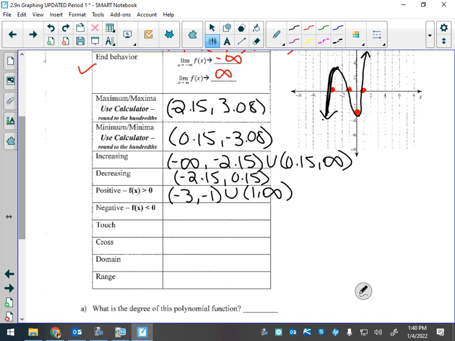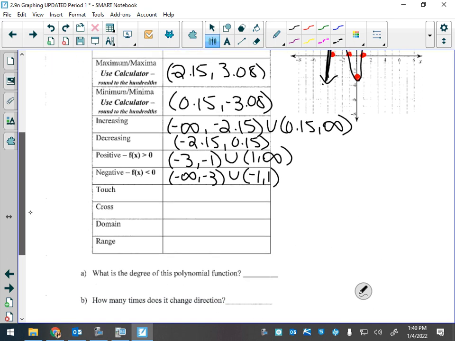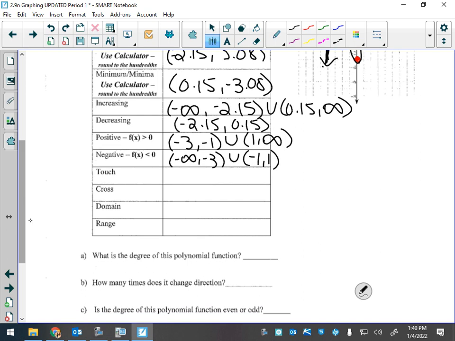Perfect. Okay. Where am I negative? Danielle? Yep. Okay. Now it doesn't touch the x-axis at all, meaning it doesn't bounce off. Where does it cross?